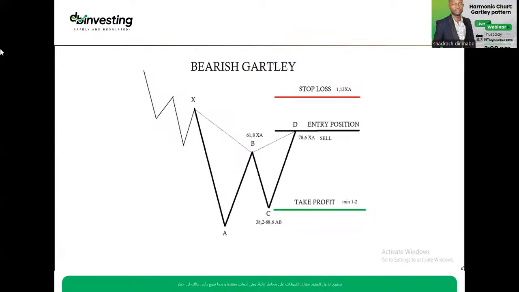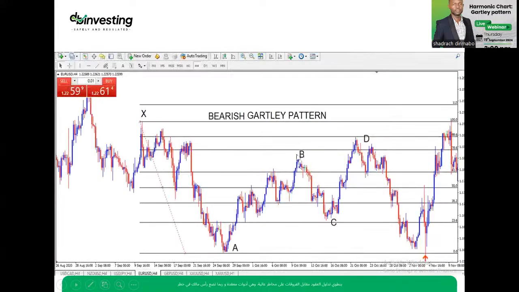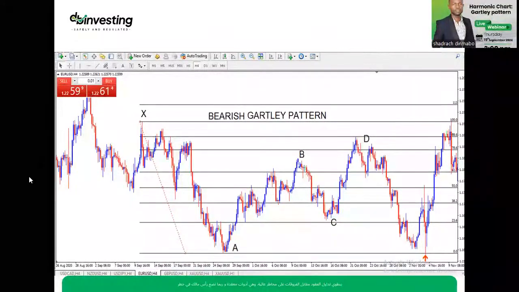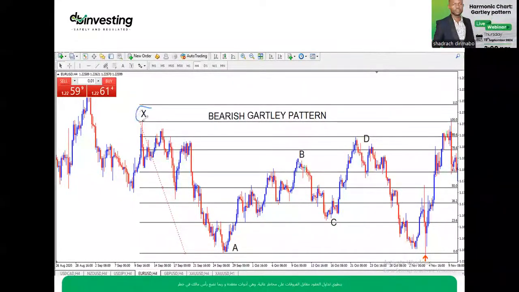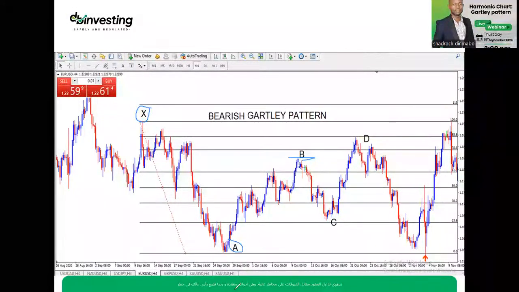Let's look at a case scenario for the bearish Gartley. Now, this is X, and this is A, which are our reference points. To get point B, we said it is going to be 61.8 of XA.